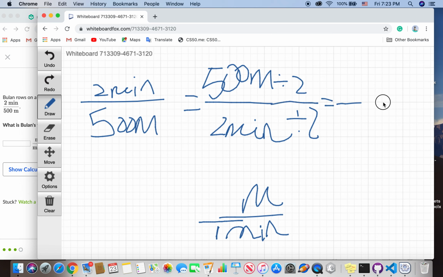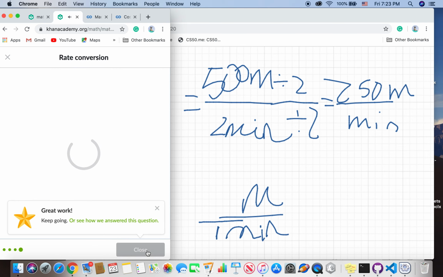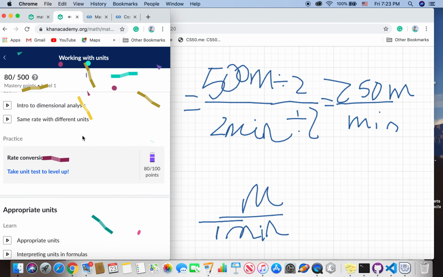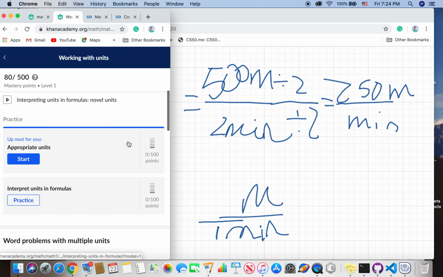So I still get the same answer, which is 1 minute per 250 meters. And if I plug that in and click check, good. We get everything right. That is for rate conversion, and we are going to stop here.